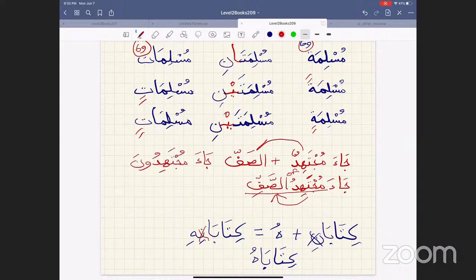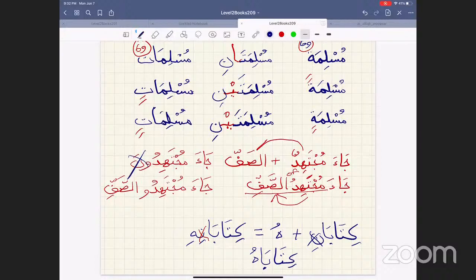But if I want to say the hard workers of the class, here's the point of this dars: جاء مجتهدو الصف. What did we do? We eliminated this noon.